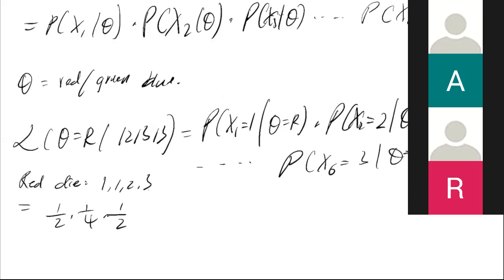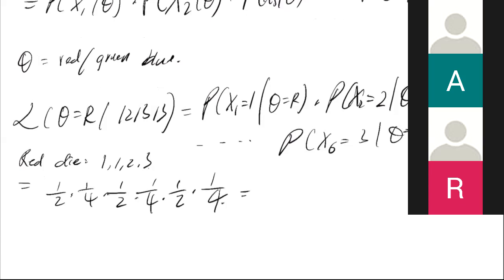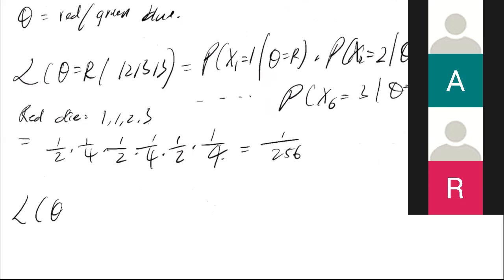It shows up as 3, that's 1/4, then 1, that's 1/2, and then 3, that's 1/4. So that's exactly the likelihood for the red die, which is 1/256.